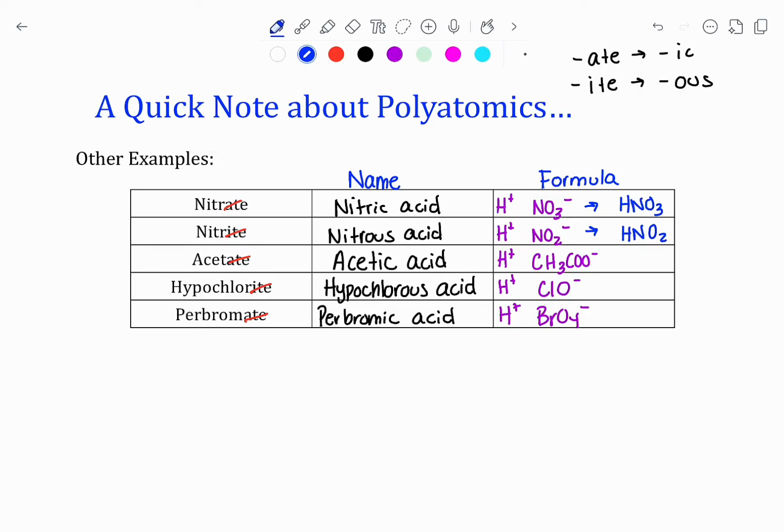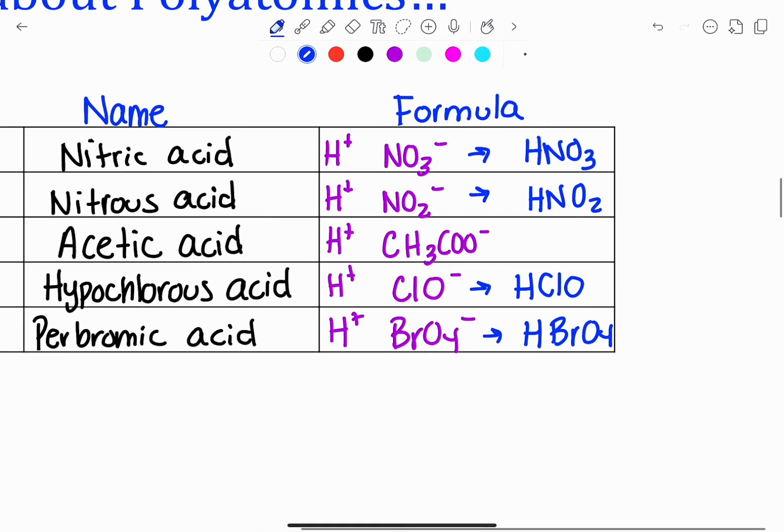Okay, I'm going to skip acetic acid for right now just because it can have multiple different ways and it can be confusing where that hydrogen goes. So we'll talk about that in a little bit more detail, but let's finish up these last 2. So let's see, hypochlorous acid is going to be HClO, and perbromic acid is going to be HBrO4.